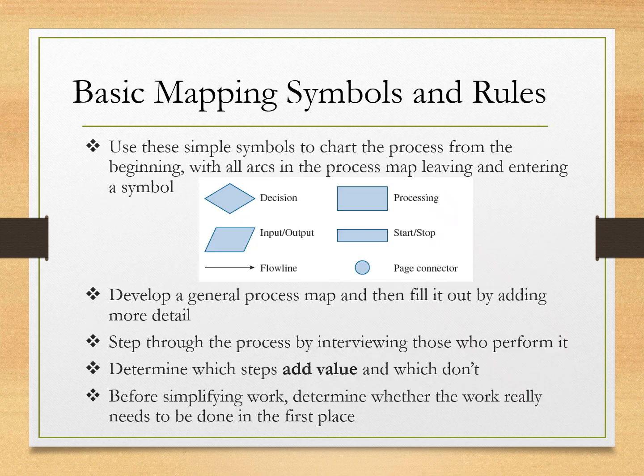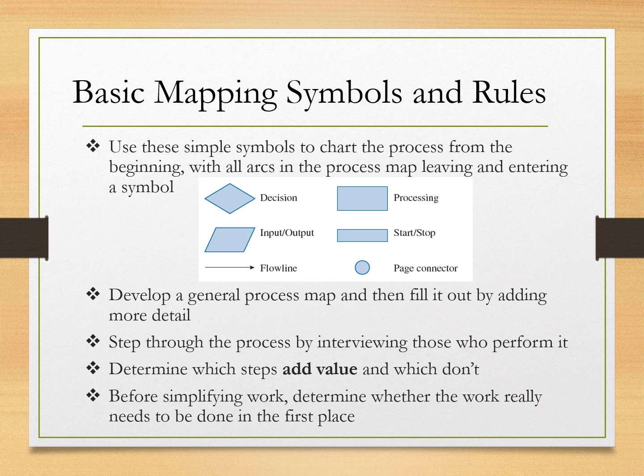We can use standardized symbols in process mapping, such as diamonds for decisions, rectangles for processing steps, and arrows for flow lines. There are several key rules, which include using symbols consistently, starting with general steps and then adding details.